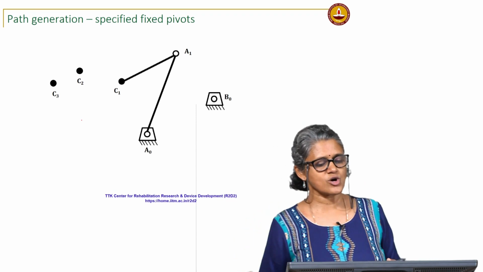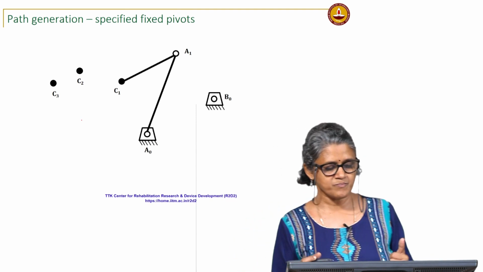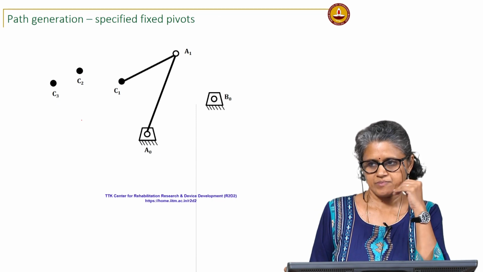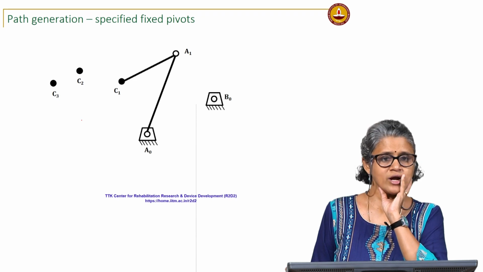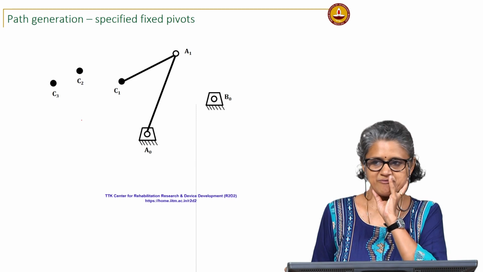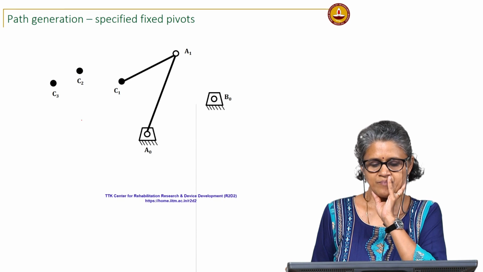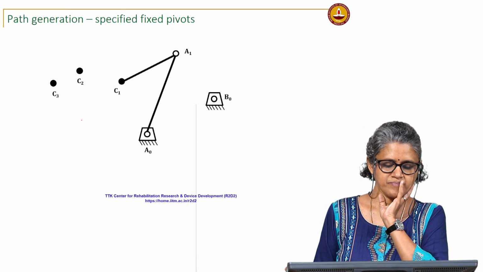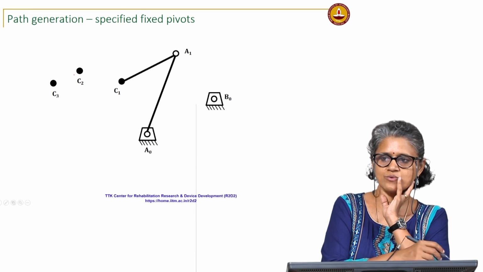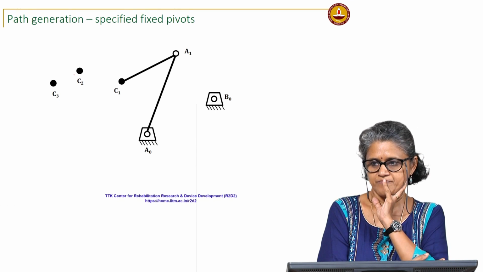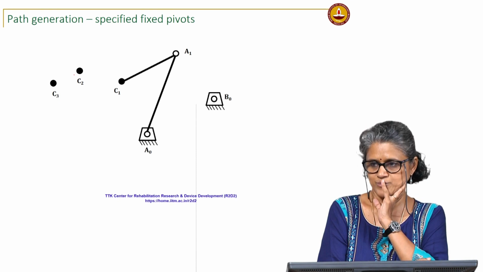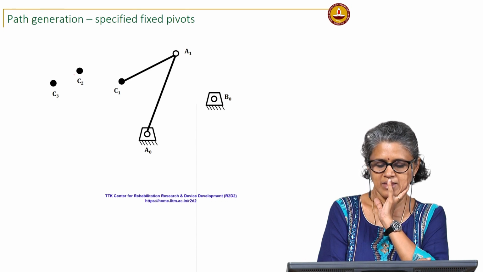Let us go to the case of path generation with specified fixed pivots. Say A0 and B0 are my fixed pivots, okay. And I am telling you that I want C1 to move to C2 to C3. So, choosing C as a moving pivot is no longer an option, okay. Then what do I do?